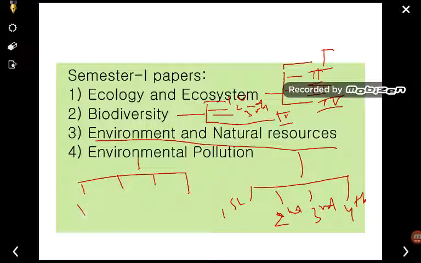So in semester 1 we have to cover 4 papers, and each paper is again divided into 4 units.